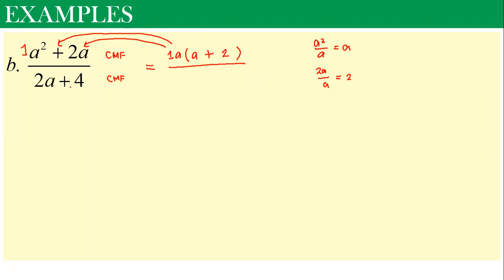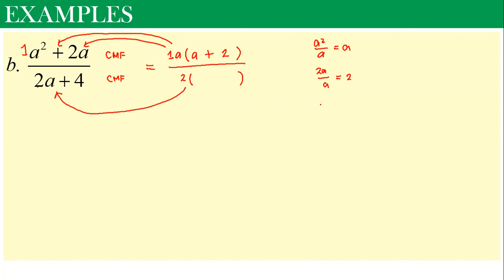Let's have the denominator. Find the GCF of 2a and 4. So for 2 and 4, the GCF is 2. How about the variables? We have a here, but in the second term, we don't have any variable. Therefore, the GCF of 2a and 4 is just 2. Okay? So same process. Divide each term by the GCF.